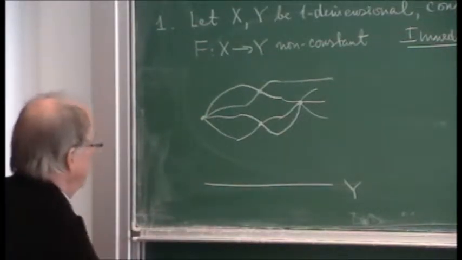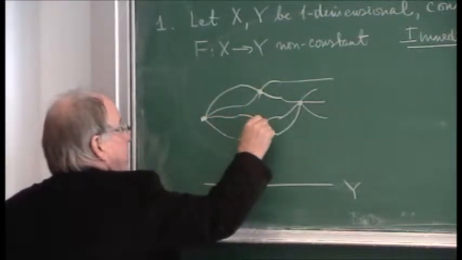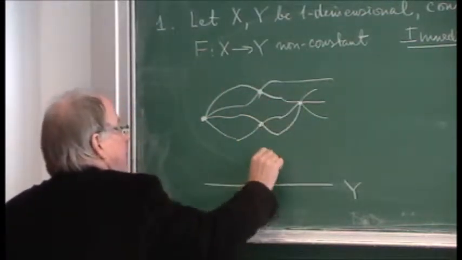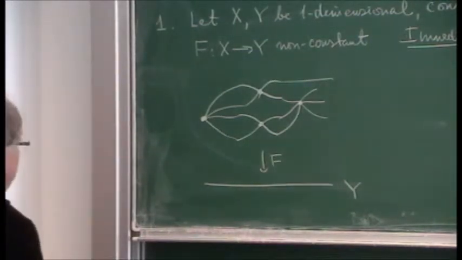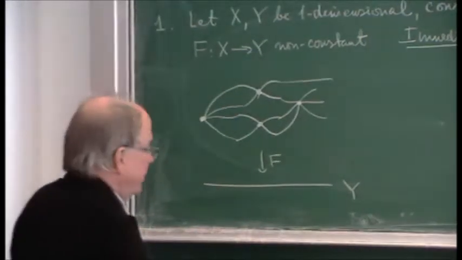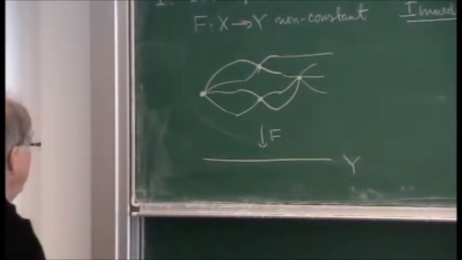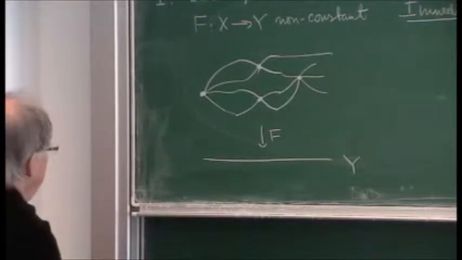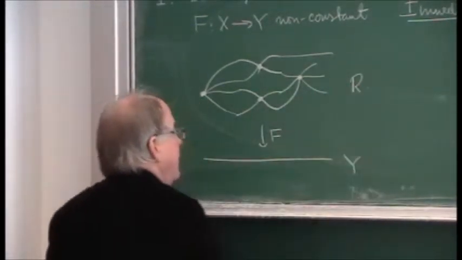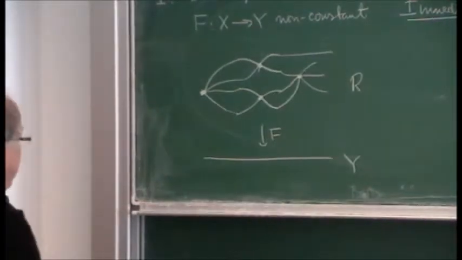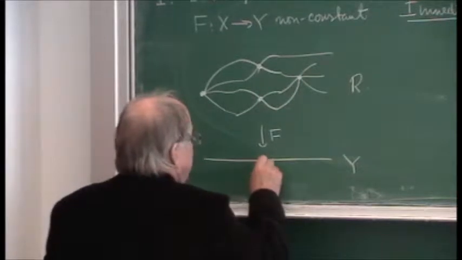So here we have the upstairs space where you have the vanishing of the derivative of this map. It's a finite set because it's also locally defined as a holomorphic matrix, in this case a 1-by-1 matrix. And this upstairs set is called the ramification set. And the downstairs set is the one over which it is ramified.